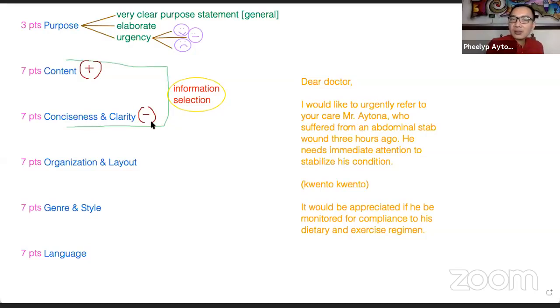So, nagpapamonitor ka ng medication compliance, hindi mo sinama yung likes to do yoga during the weekends, you get points sa conciseness and clarity. Kung sinama mo yung yoga during the weekends, you get minus sa conciseness and clarity because your letter would be more cluttered. It would be messier because of all of those details that don't belong there anyway.